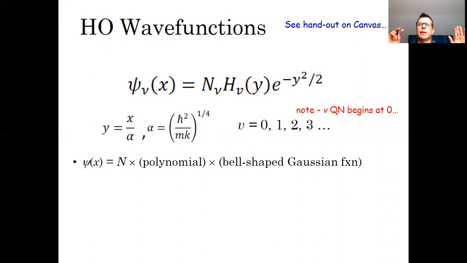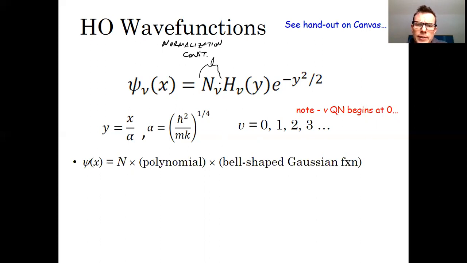I'm going to go big picture first. If you look at the solution, the wave functions, there's actually 3 parts. The first part is right here, this N, which is simply a normalization constant. This is adjusting the height of the wave function so that when I integrate it over all space, I get a probability equal to 1.